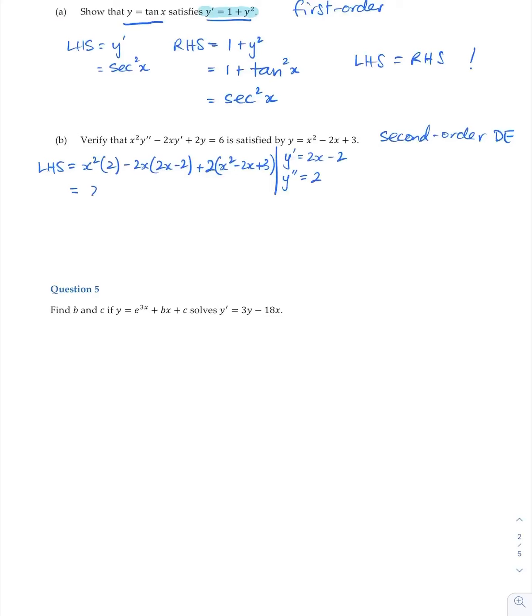And that is simplifying and expanding and so on now, so 4x squared plus 4x plus 2x squared.